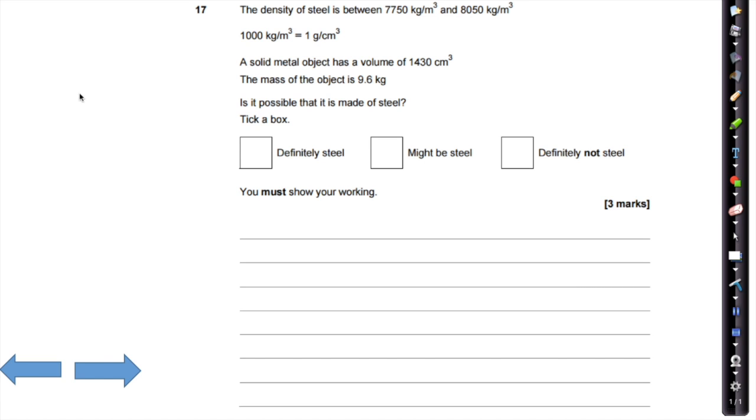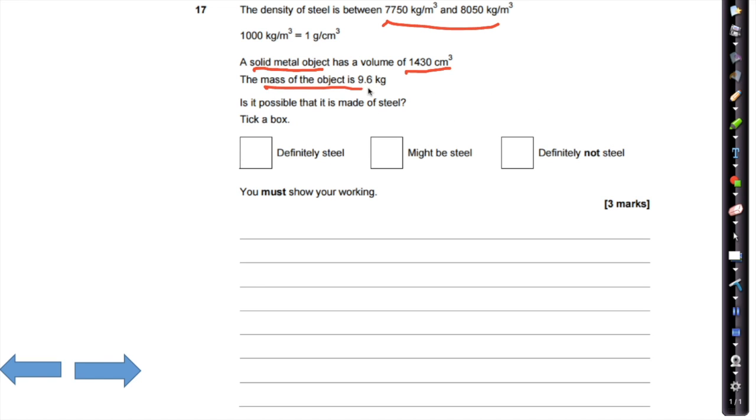With this problem, we're given the density of steel generically, between these two values in kilograms per meter cubed. We know that 1,000 kilograms per meter cubed is 1 gram per centimeter cubed. A solid metal object has a volume of this, and we want to know if our solid metal object is made of steel. Is it definitely? It might be, or it's definitely not.